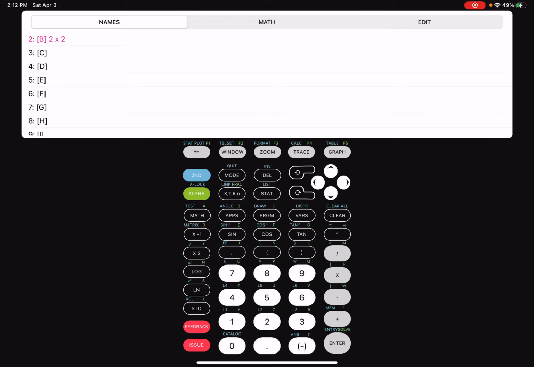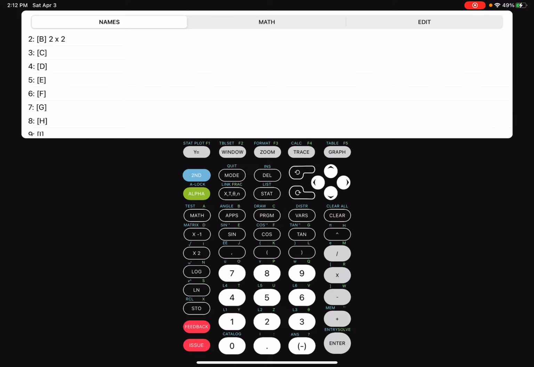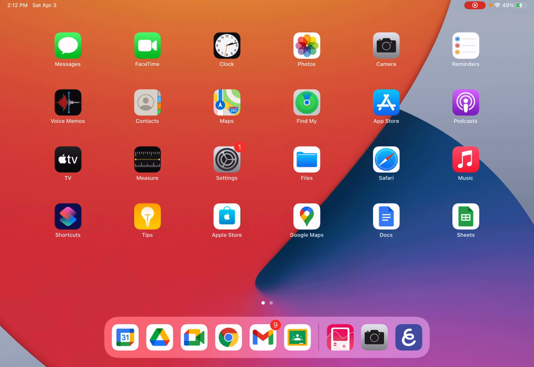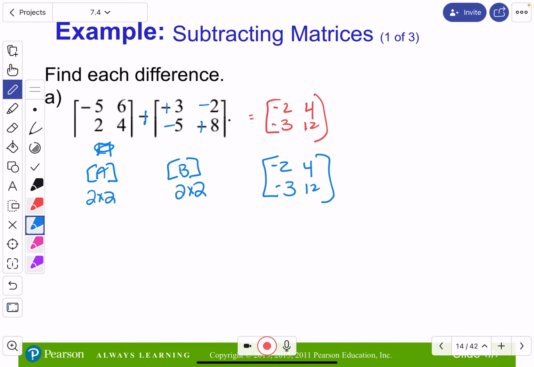So we're going to name A and then plus second matrix B. And then it'll give you the answer. If you want to do minus, we're going to choose A minus B. It'll give us that answer. And then the website will do the same thing. You just choose the plus or the minus. So that's how those work.